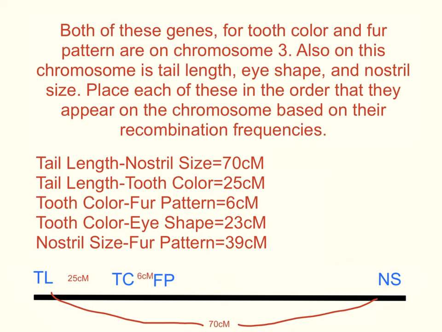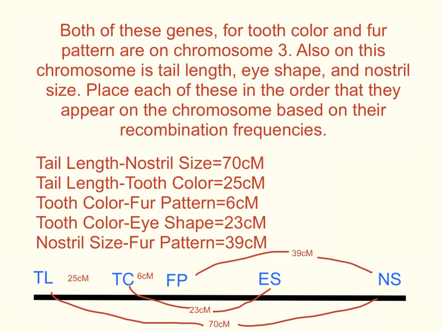Then the next one that it gives us is tooth color and eye shape. Between tooth color and eye shape, it's 23 centimorgans. So we've got eye shape here. We'll go ahead and bring it up. And then we also can see that nostril size and fur pattern is 39. So once again, here's our fur pattern, and our nostril size is on the far right there.